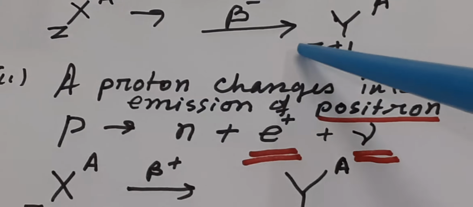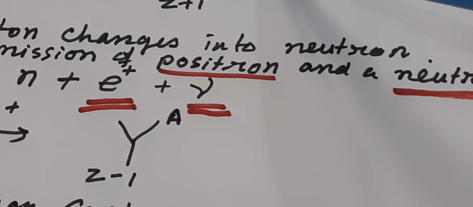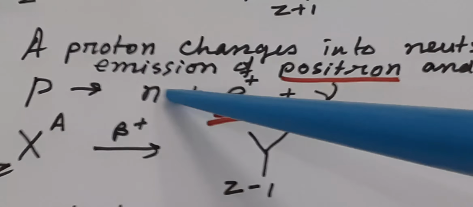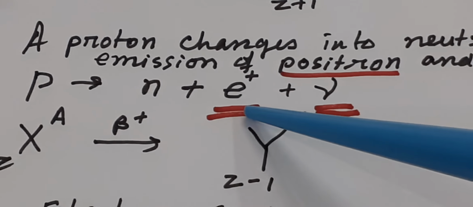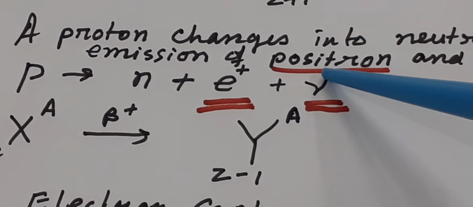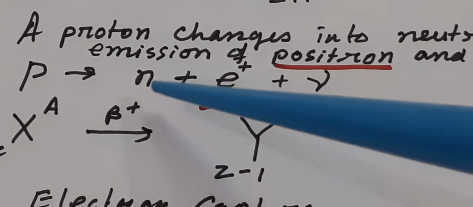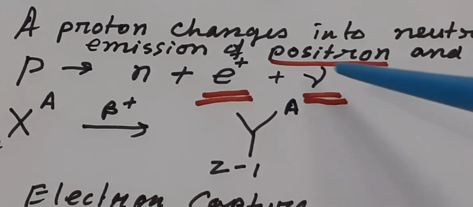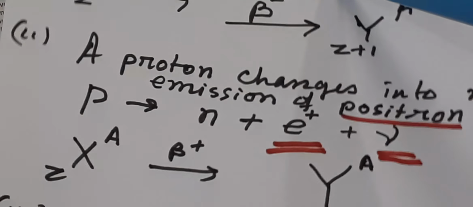Now number 2, when a proton changes into a neutron, in this case there is emission of a positron, not an electron. When a proton transforms to a neutron, positron will come as well as neutrino. Very important information.